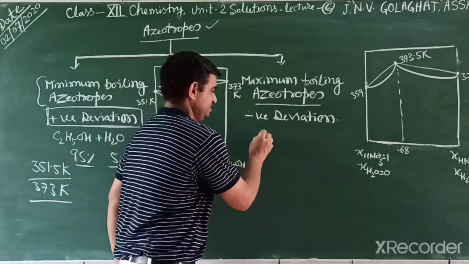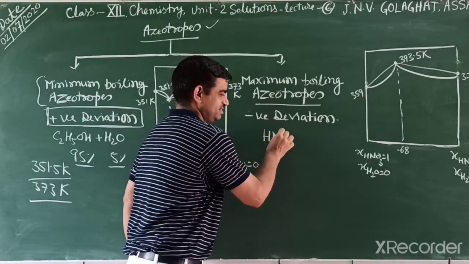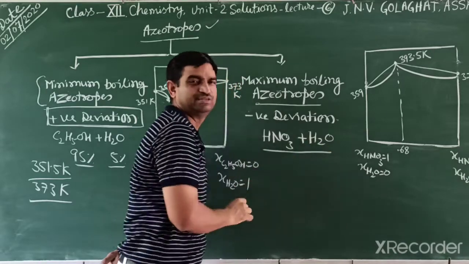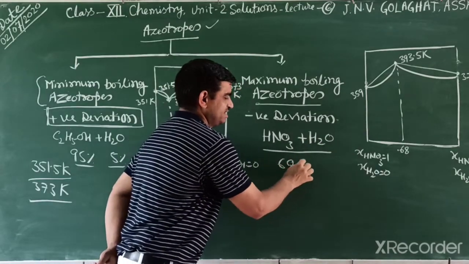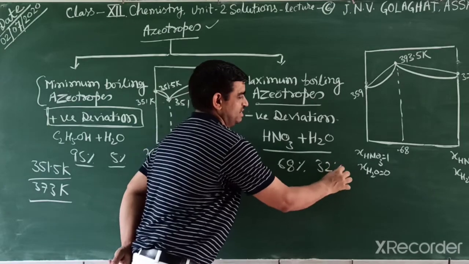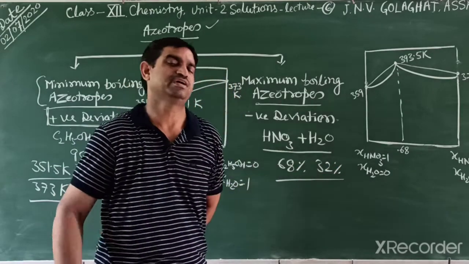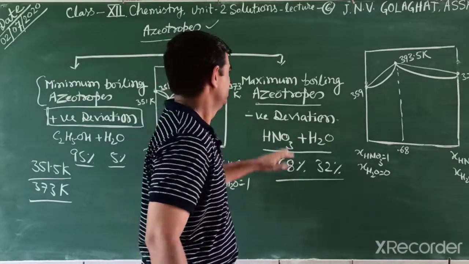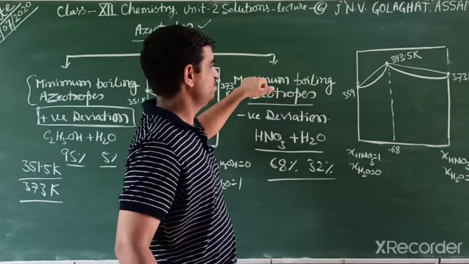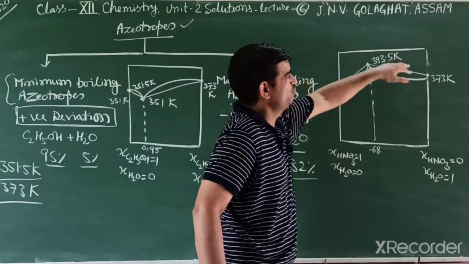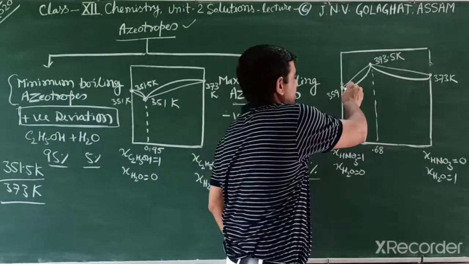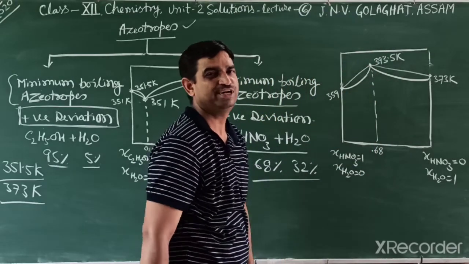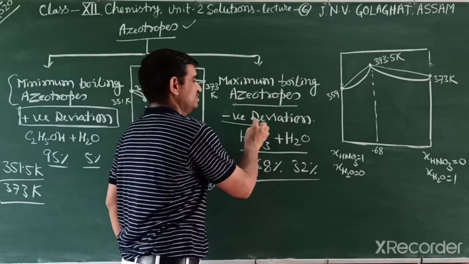We can't separate by fractional distillation. So example one is HNO3, nitric acid, and water. A fixed composition, 68% nitric acid and 32% water. Further we can't separate because they make an azeotrope with a fixed boiling point. But this azeotrope has a maximum boiling point, higher than both the components. The reason behind this is negative deviation.